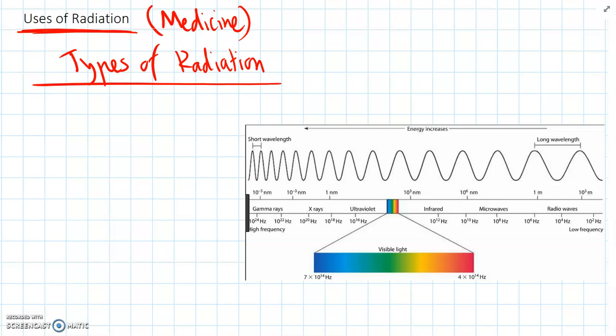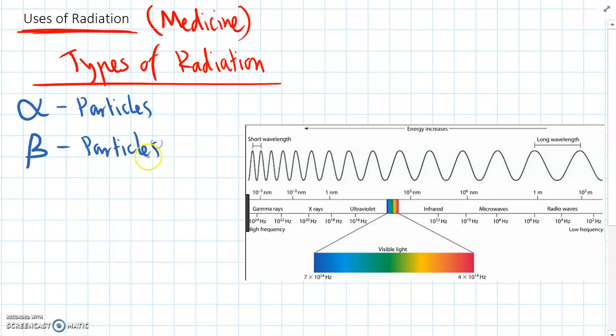So there were three main types of radiation that come from radioactive decay, which we've learnt about. We have alpha particles, and they're a particle. We've got beta particles, and we've got gamma rays as well.